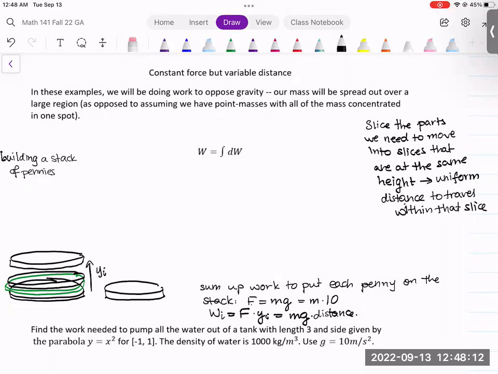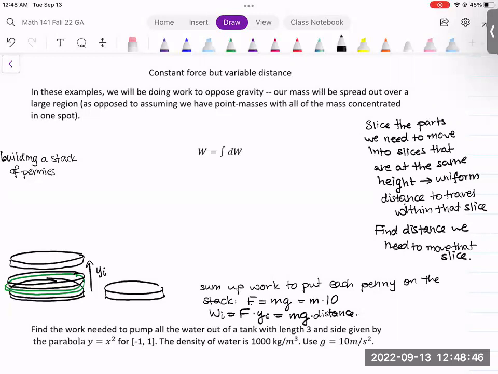We're going to multiply our force, which will be our mass times gravity, by the distance that that particular slice needs to move. So we're going to find the distance we need to move that slice.